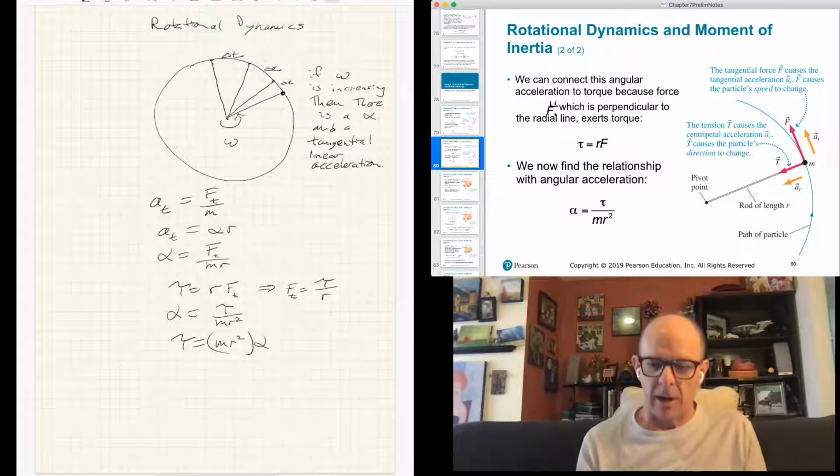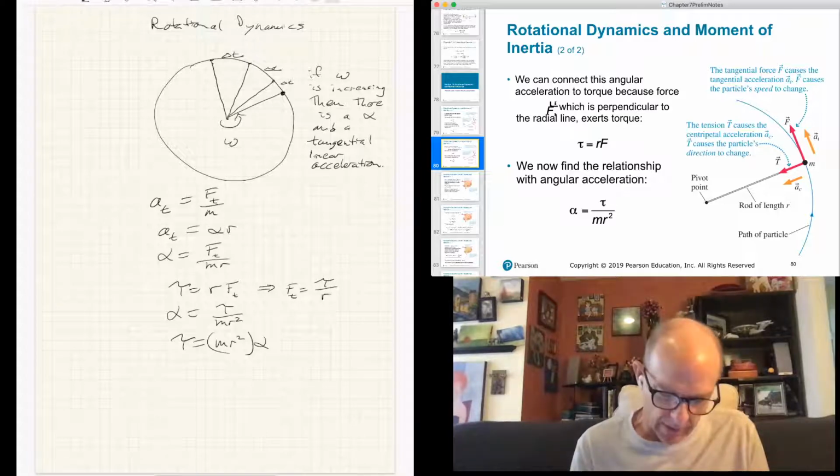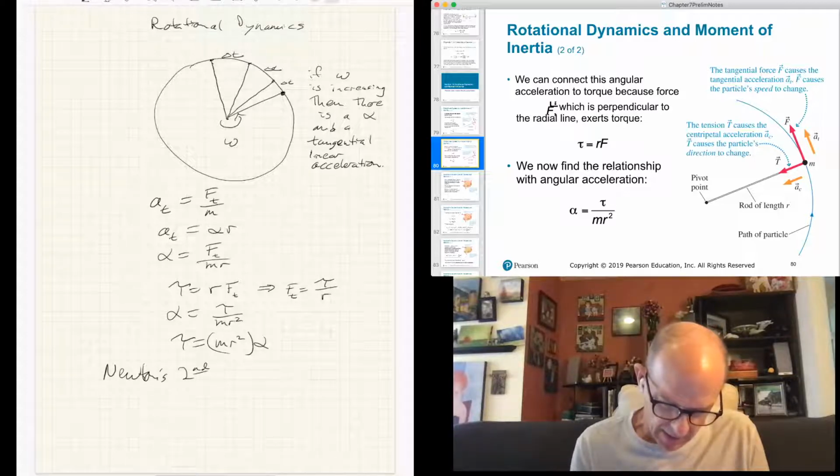And that is parallel to what we had with Newton's second law. Newton's second law tells us F equals ma.